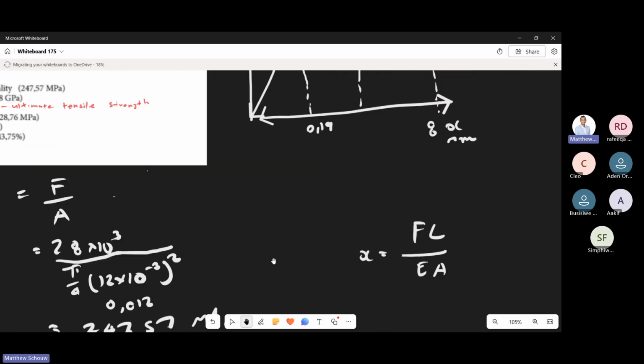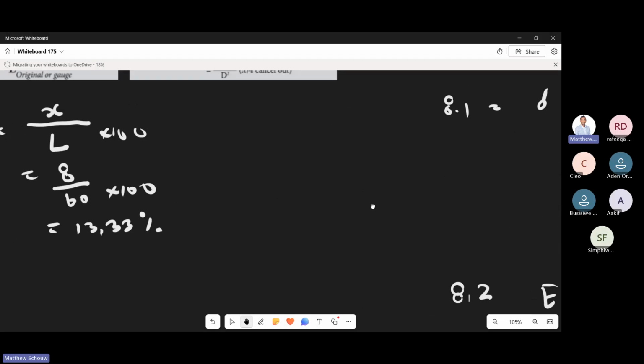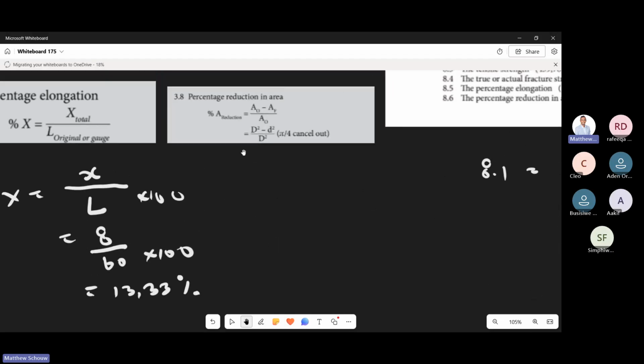So now we're going to see how much the area is basically reduced. It's quite simple. We say percentage reduction in area, I'll just call it RED. That's going to be the big D squared initial minus the final squared, and then it's going to be divided by the initial again.